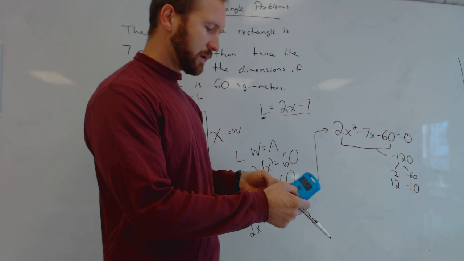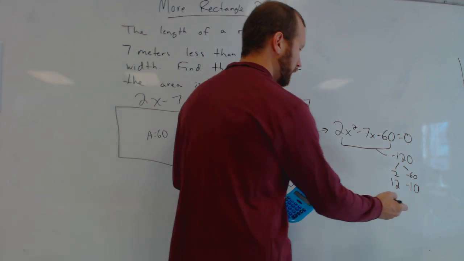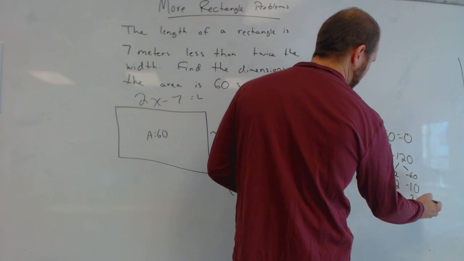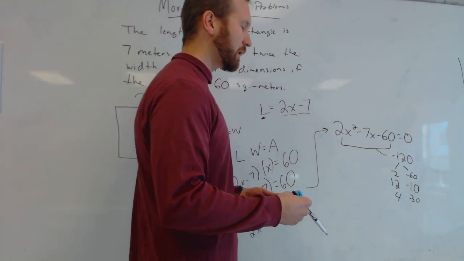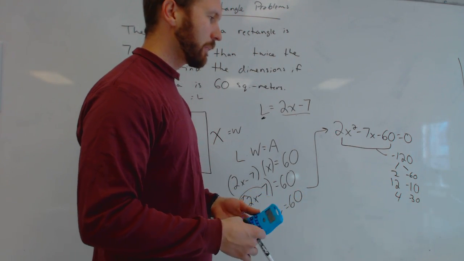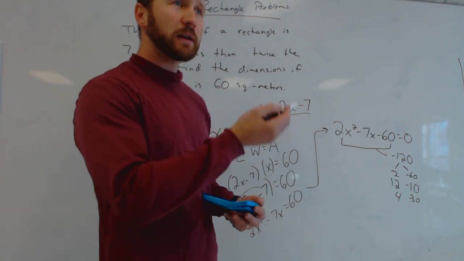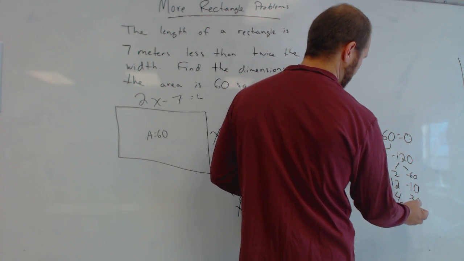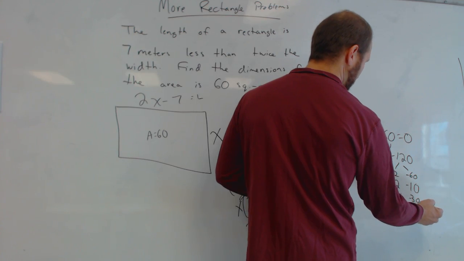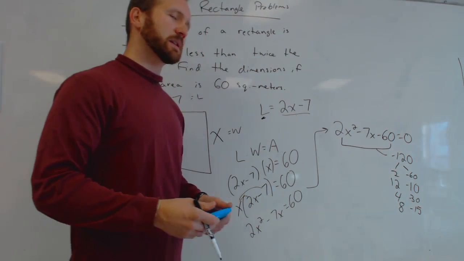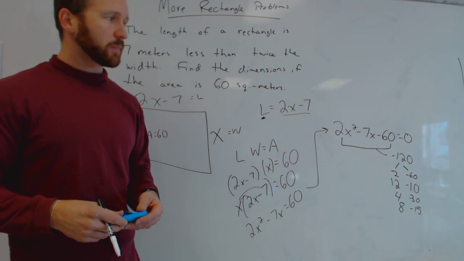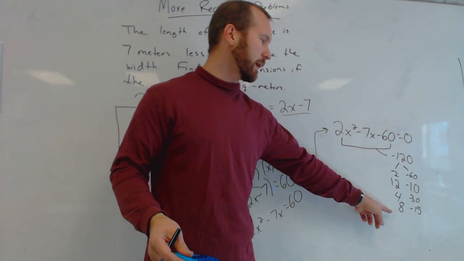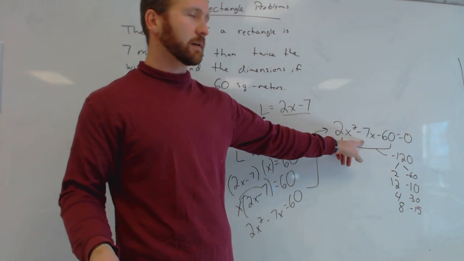Well, 120 divided by 4, that would be 30. So we could have 4 and negative 30. Those are still pretty far apart. And then eventually, just by trying different numbers, I would probably figure out, just like Isa said, 8 times negative 15 is negative 120, and 8 plus negative 15 is negative 7.